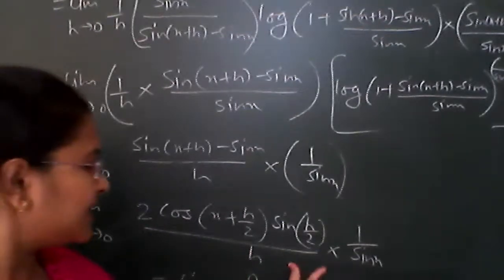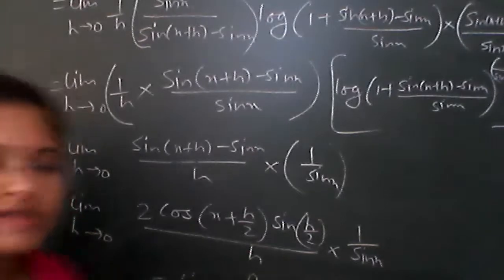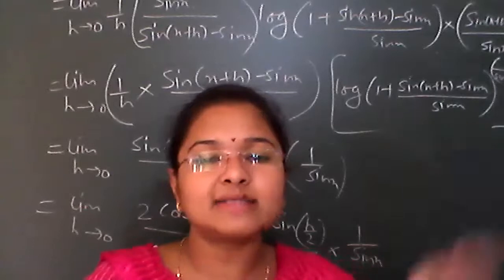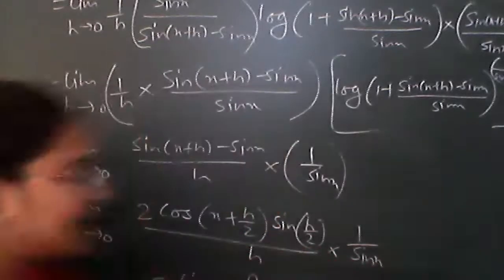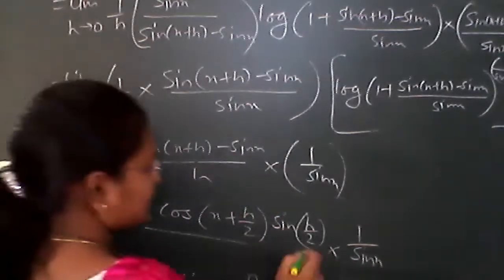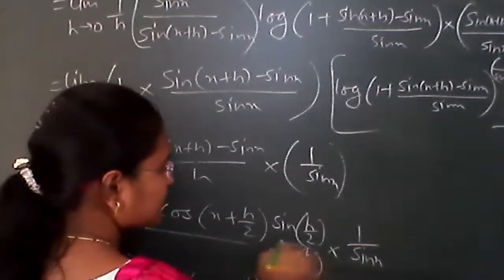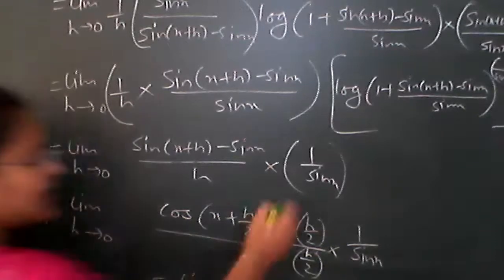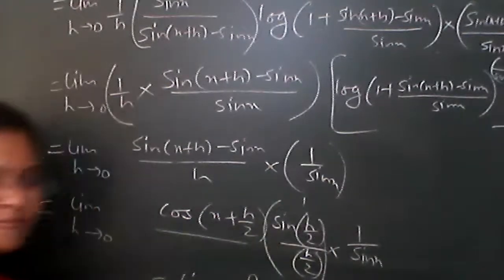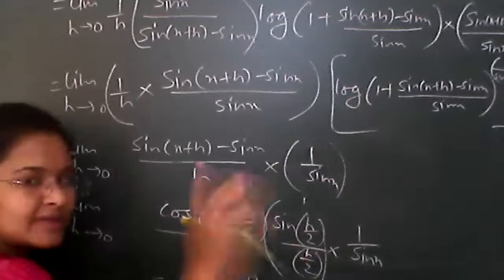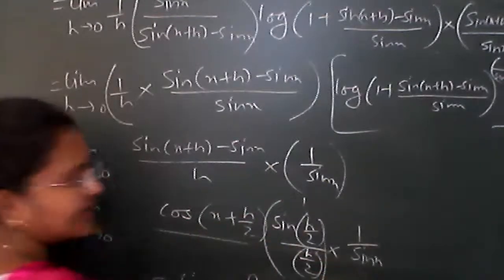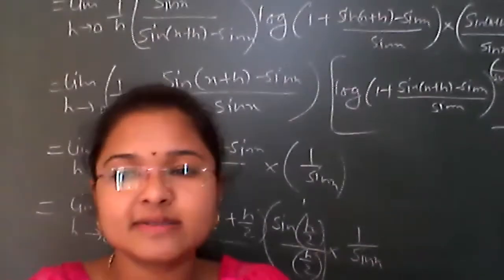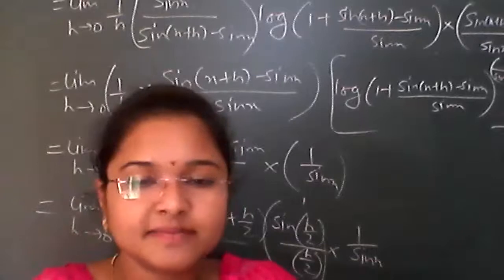Can we write h by 2? Because the denominator's denominator becomes the numerator. So it will be h by 2 for this, and if we apply the limit here, we get the limiting value 1. Putting h as 0, we get cos x upon sin x. What is cos x upon sin x? It is cot x. Yes, ma'am. It is cot x.